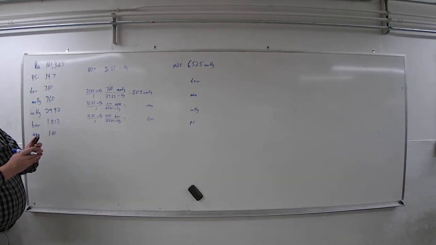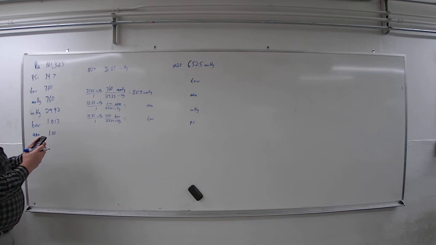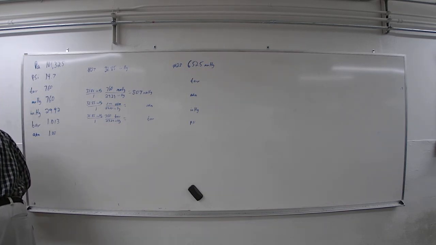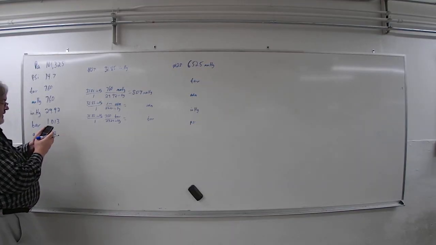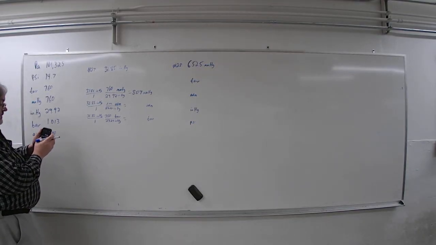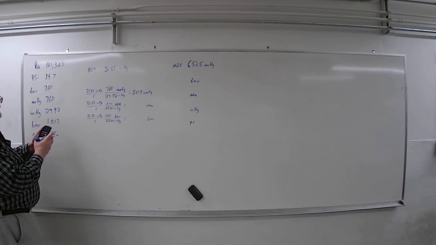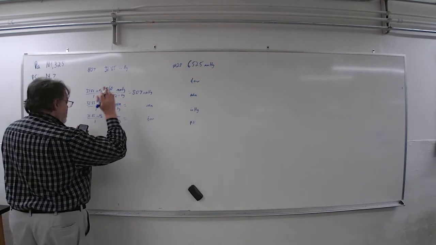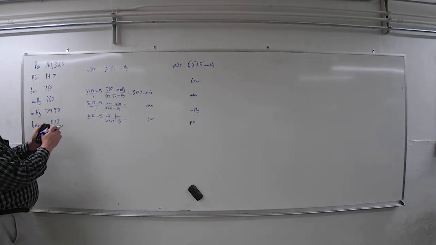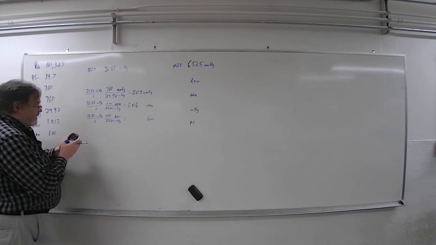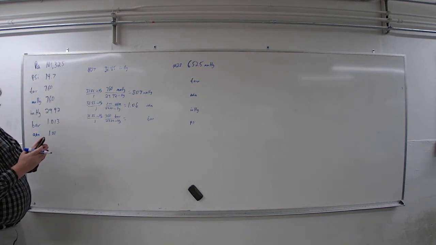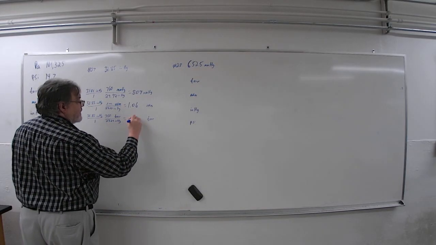And then to convert to atmospheres, it's 31.85 divided by 29.92, which is 0.92 atmospheres. Then 31.85 times 760 divided by 29.92. Torr and millimeters of mercury are the same, so this is going to be 809.